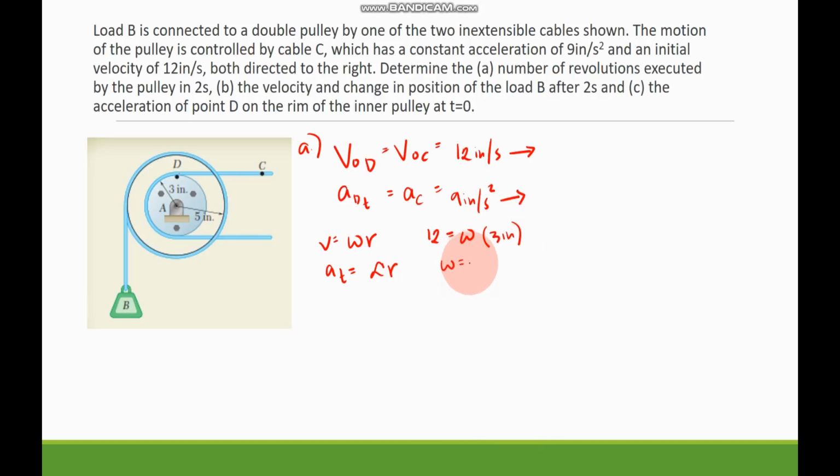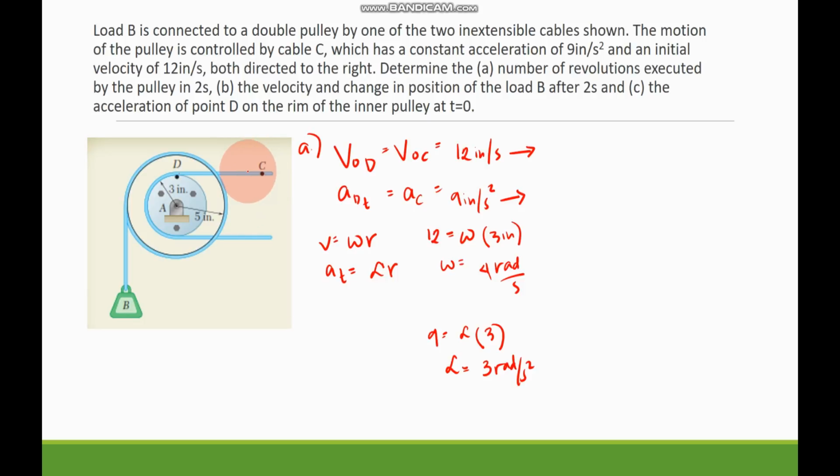Therefore, the angular velocity is equal to 4 rad per second. And our acceleration is 9 inches per second squared, so 9 is equal to our angular acceleration multiplied by 3. Therefore, our angular acceleration is equal to 3 rad per second squared.